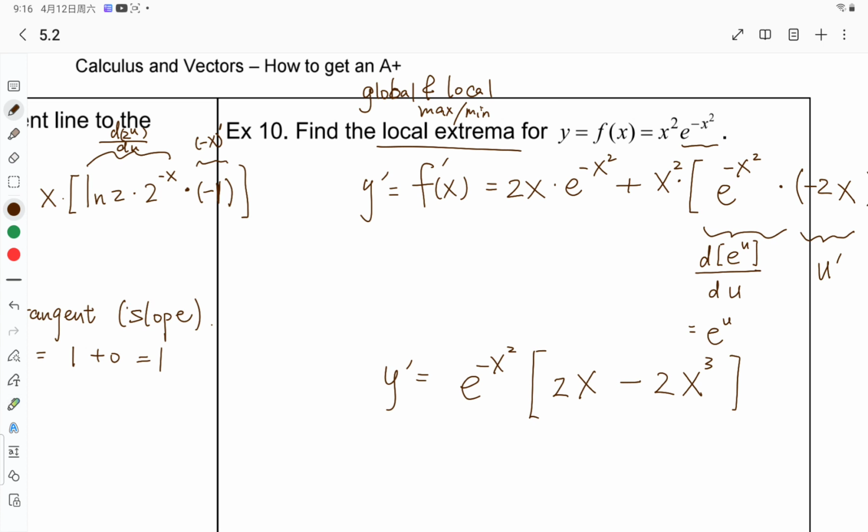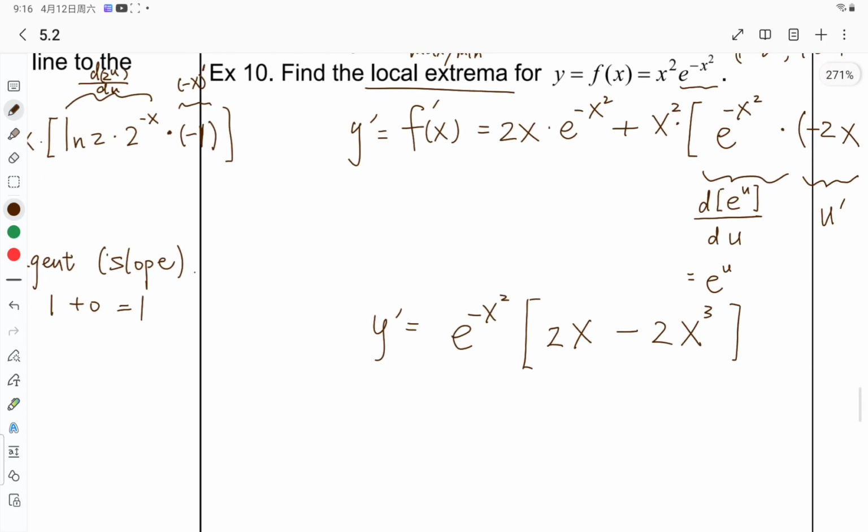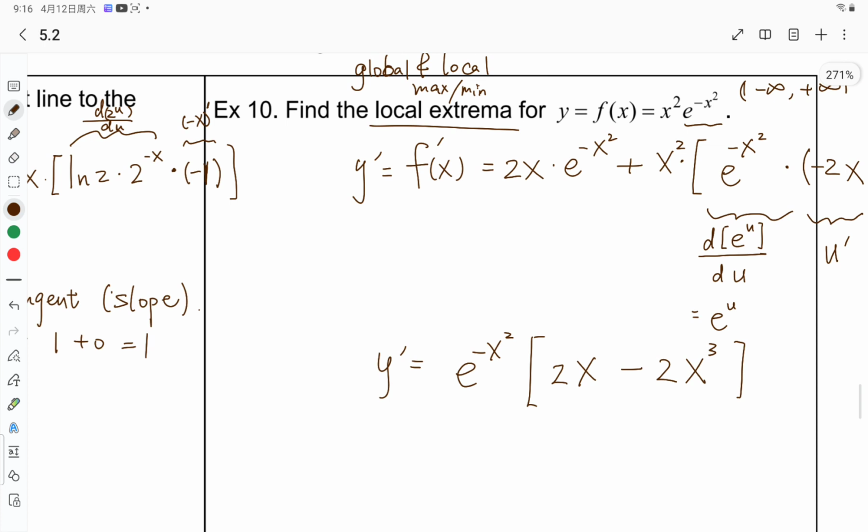If it doesn't give us a domain or a closed interval, we just assume that the domain is negative infinity to positive infinity. So globally, I think going to positive and negative infinity is fine. And then here we just see if there are locally finite numbers, okay?